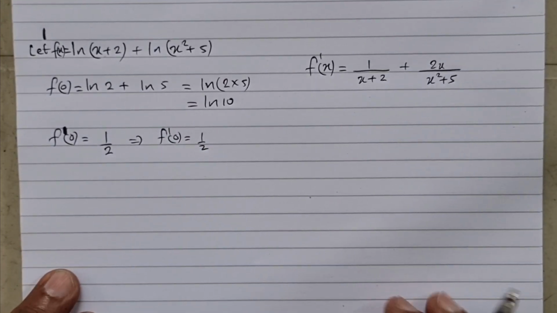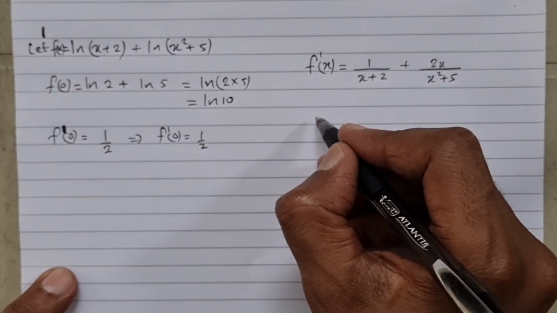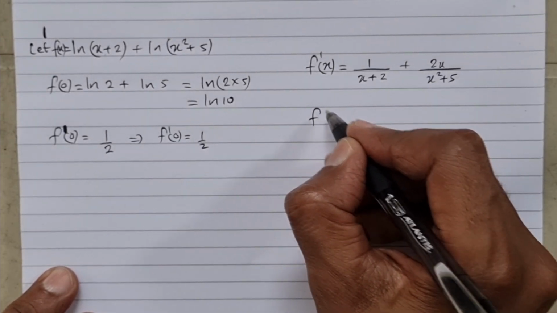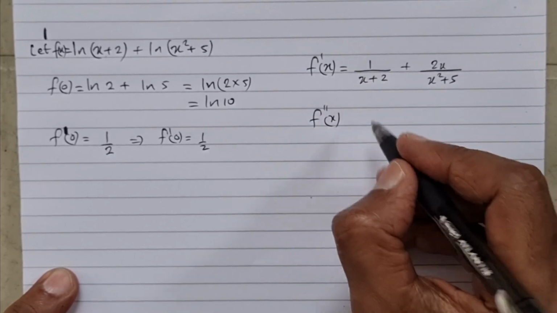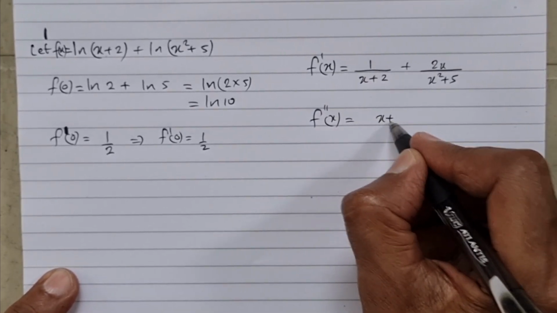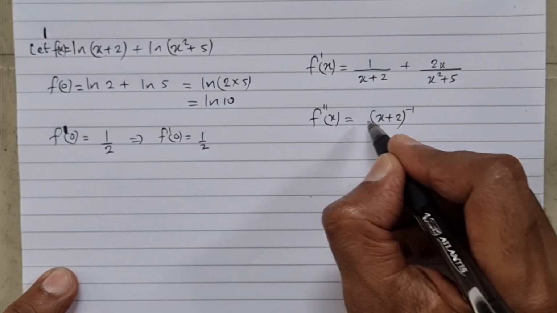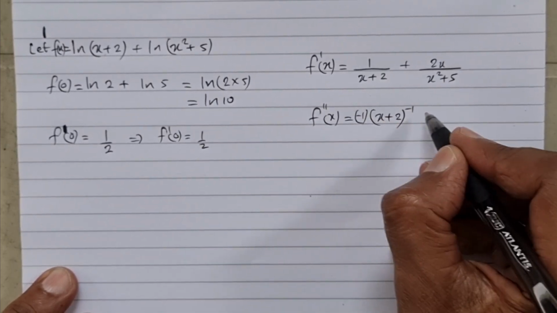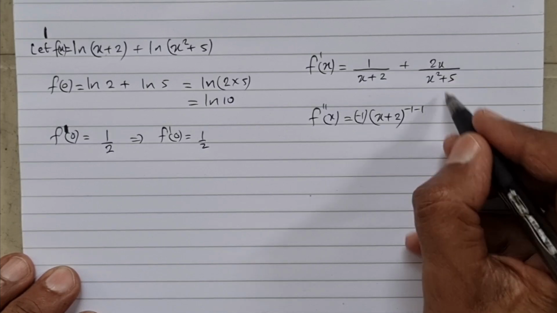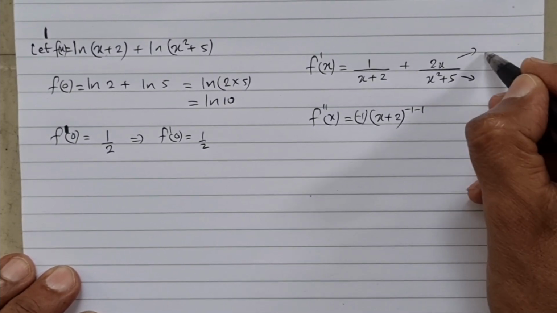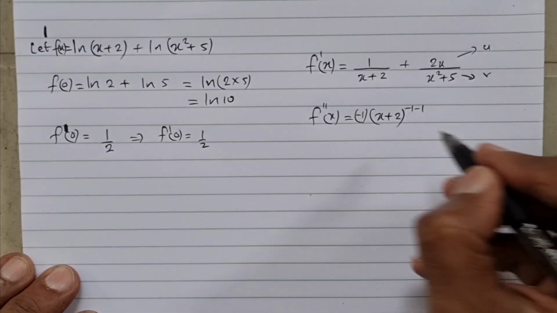Right, so now what I need is f''(0). For f''(x), I can send this upstairs and make it (x + 2) to the power of negative 1, multiply by negative 1, subtract 1, and so you differentiate this. Then to differentiate this other one, I can use the quotient rule, and this is my u and this is my v.